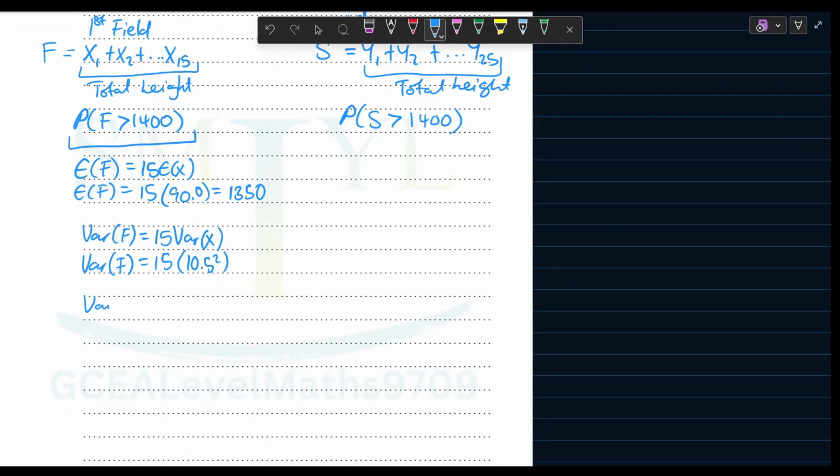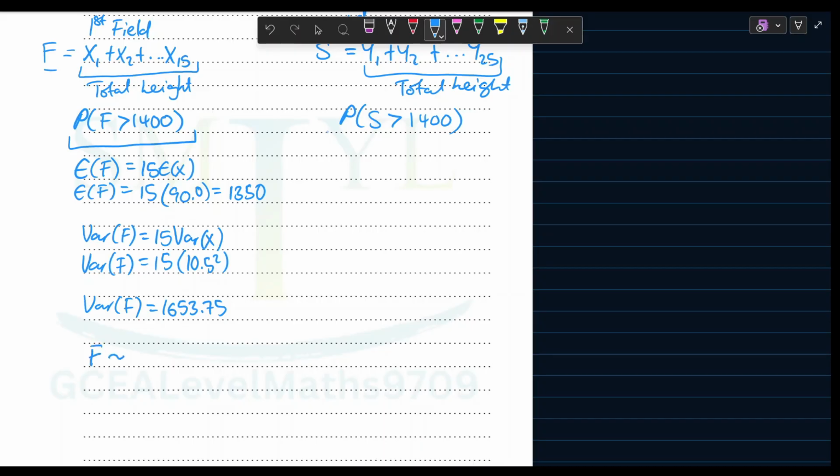And so the variance of F is equal to, let's punch this into the calculator, 15 times 10.5 squared. That gives us 1653.75. Okay, so now that we have both mean and variance, notice that F is essentially coming from the random variable X, which is normally distributed.